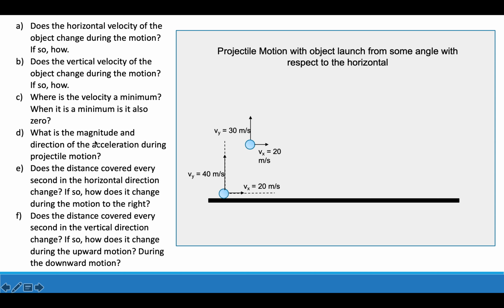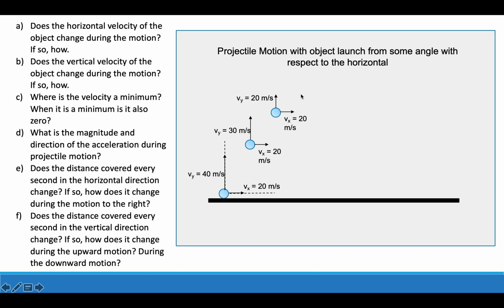The magnitude of that acceleration is 10 meters per second squared, and it's directed downward. Because of that acceleration, the vertical velocity is decreasing when it goes up, by 10 meters per second every second. However, the horizontal velocity is still staying the same, and it's still 20.